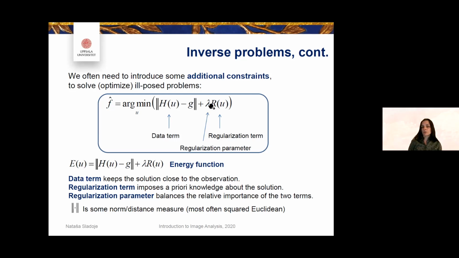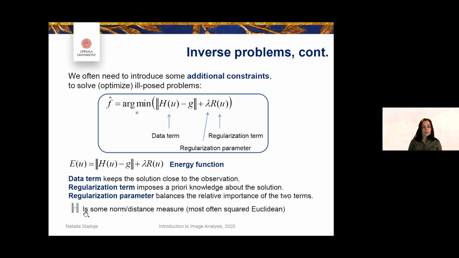Then our regularization parameter should be set quite low and will then give higher importance to the data itself. So this here that should be minimized is then called the energy function. And then we are looking for an argument that will provide the solution with minimal energy, so which will lead to the minimal value of this energy function.